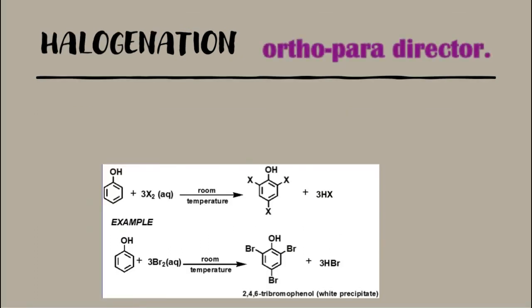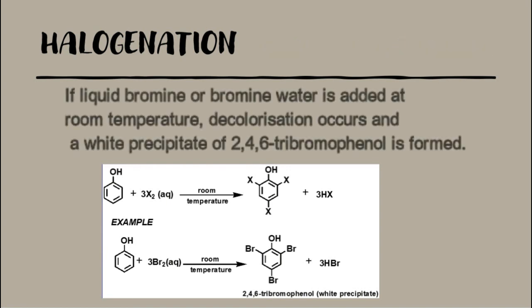Third is halogenation. Halogenation is an ortho-para reaction. Halogenation of phenol happens when we add liquid bromine or bromine water to an aqueous solution of phenol at room temperature. Decolorization occurs and a white precipitate of 2,4,6-tribromophenol is formed.